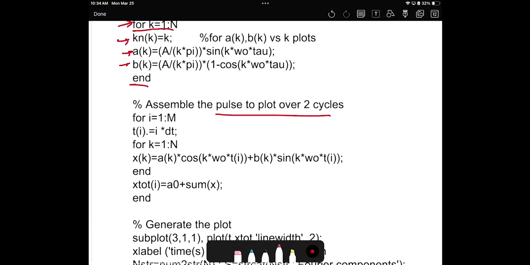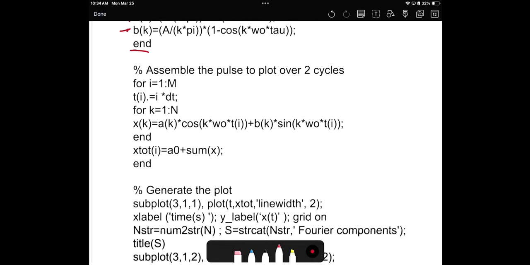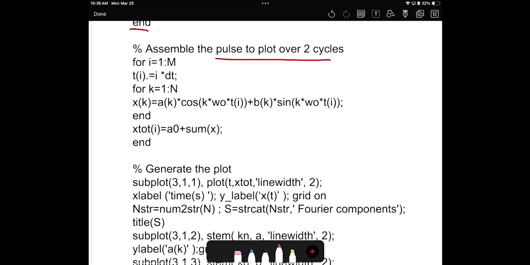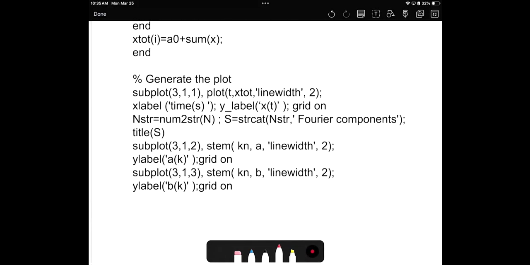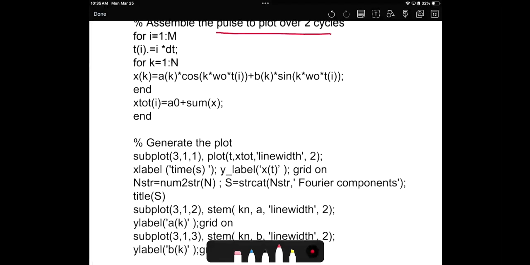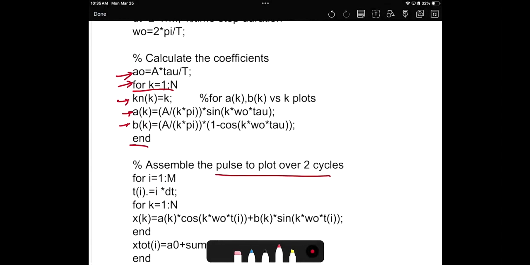This part is related to the plot, how to assemble the plots. You can read this code to see how we do it, but keep in mind it's an infinite series. Are we able to plot until infinity? No. So we need to limit the number of coefficients.